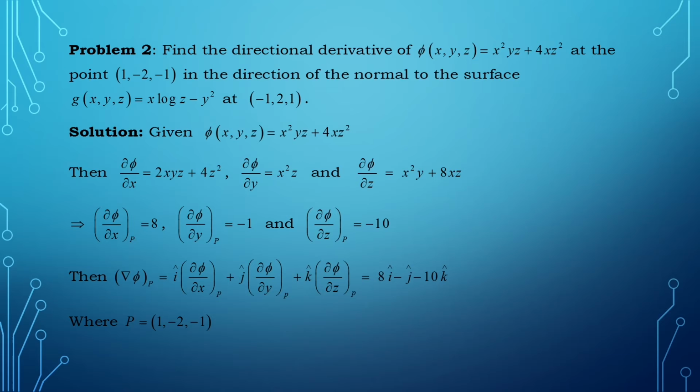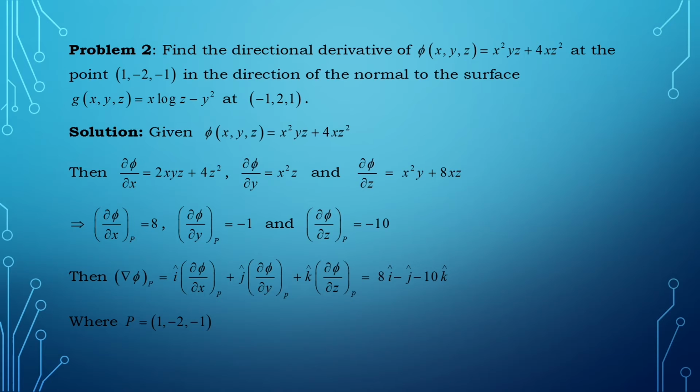That means in this first part, we find the gradient of the given scalar field phi of x, y, z. So in part 1, let us consider the given surface phi of x, y, z equals x squared yz plus 4xz squared.